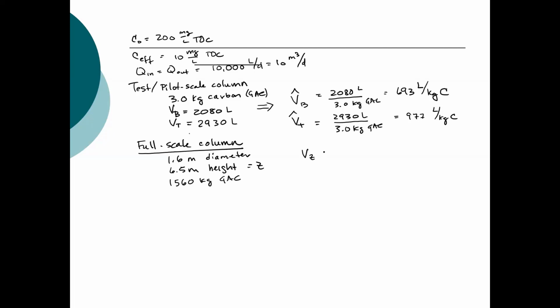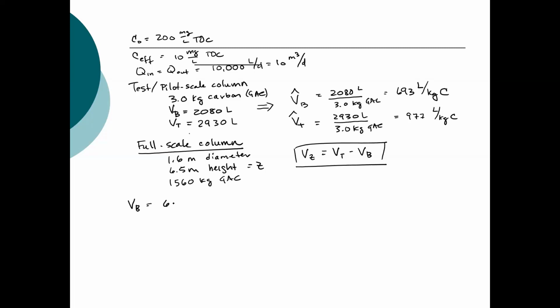Remember, V sub Z is equal to VT minus VB. So now we can calculate the volume to breakthrough in the full scale column.